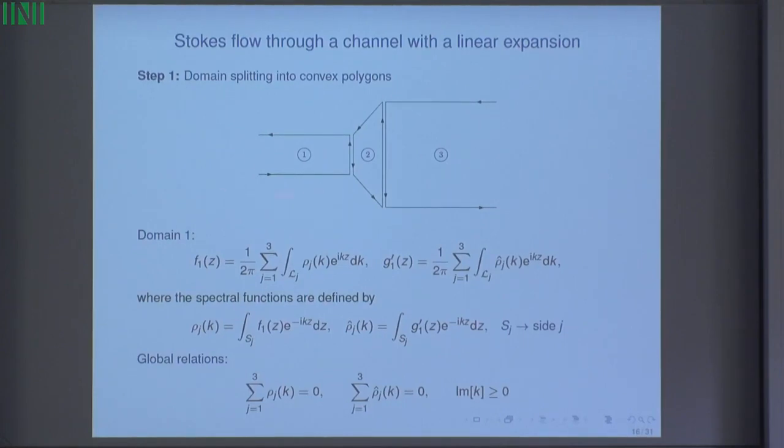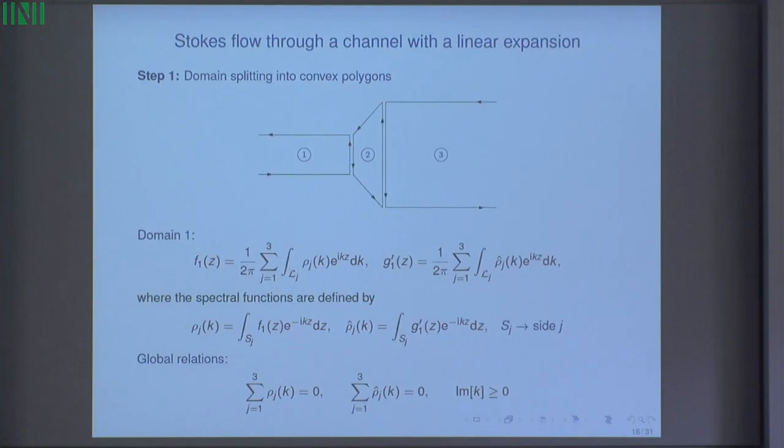So let's start. Domain 1 is a semi-strip. All the boundaries are straight lines, so we can write this integral representation for this. Remember that we are solving Stokes equations, and to solve these problems, we need to find these 2 functions f and g, which are analytic functions.